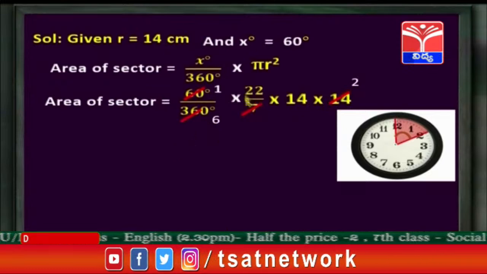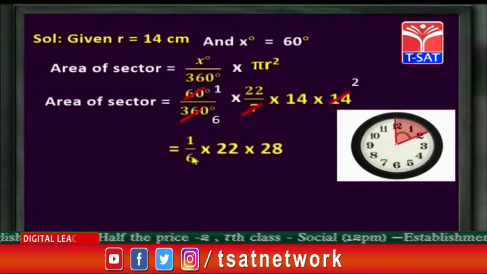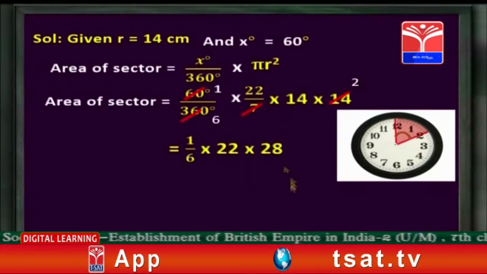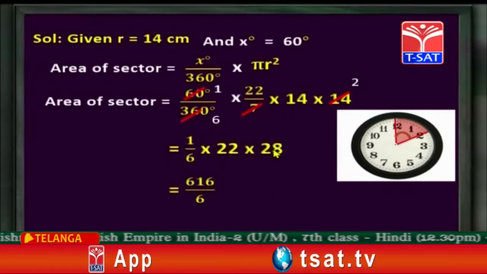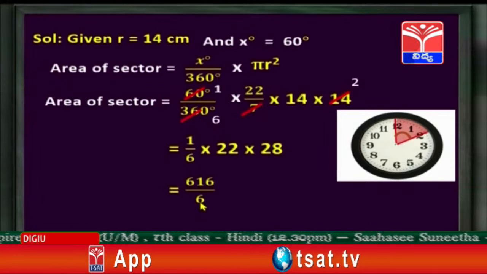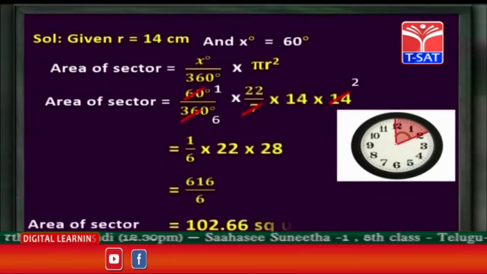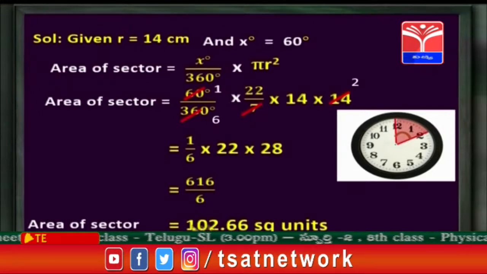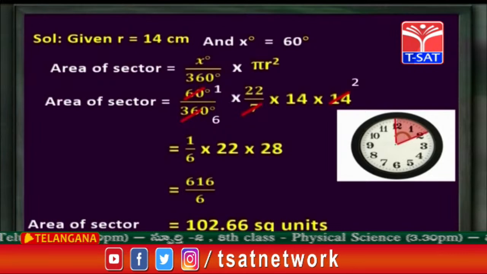Now if you multiply this, you get 1 by 6 into 22 by 14 into 28. So if you multiply it all, 22 into 28 is 616 by 6, which is equal to 102.66 square units. So this is the way to find the area of a sector.